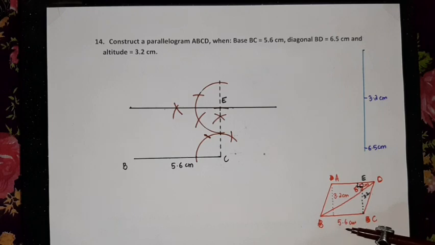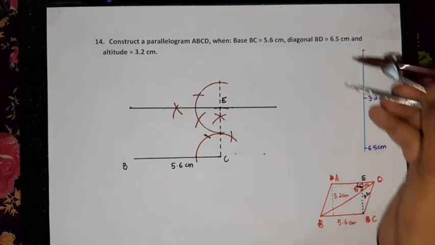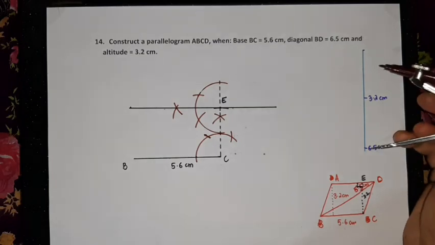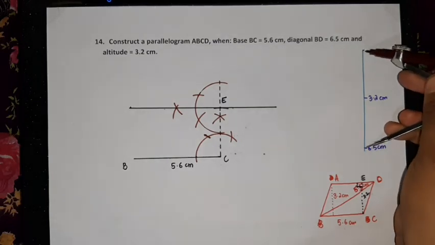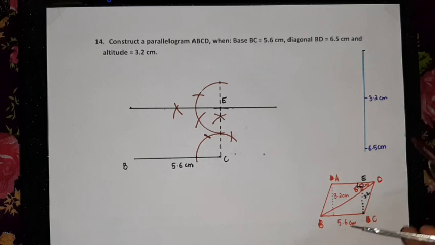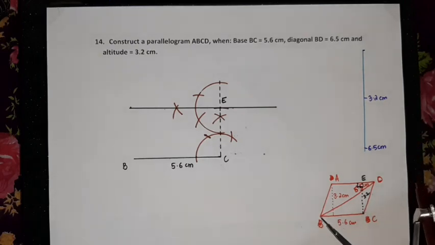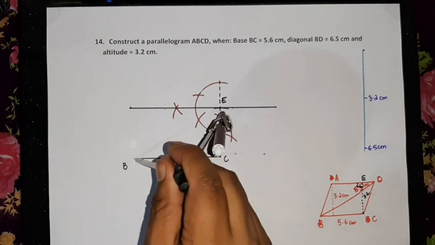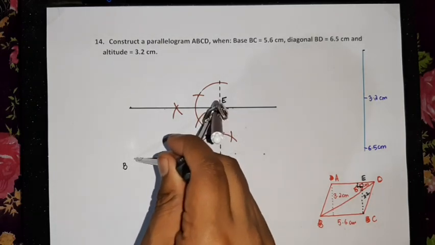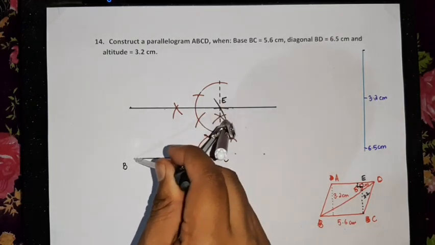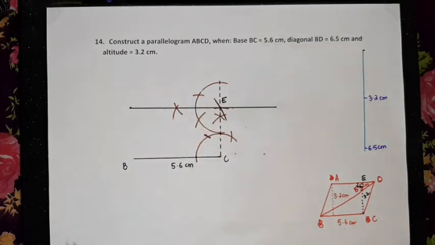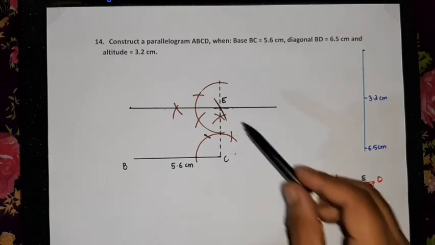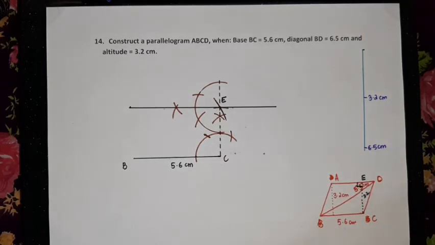So this 5.6 is already done, this 3.2 is already done, so we have the BD, which is 6.5. So let me take 6.5 radius. So 6.5 is taken. Now 6.5 has to be taken from B, right? So from B I am trying to cut this line. Okay, so this is turning out to be exactly my 6.5. So exactly at E I am getting this to be 6.5.